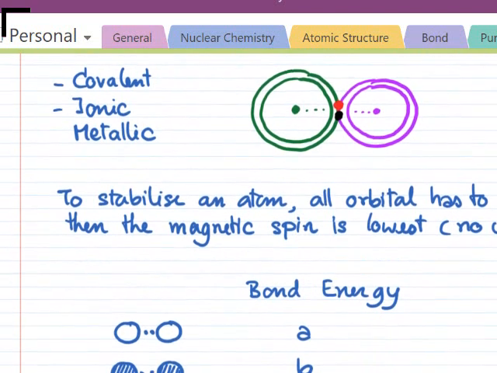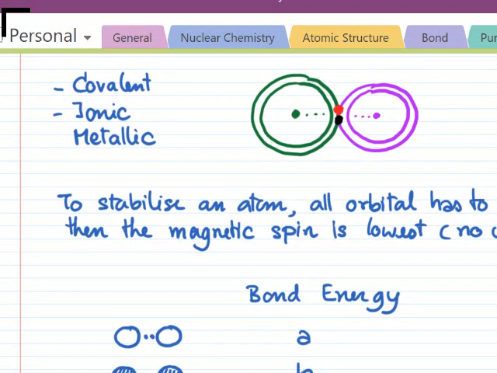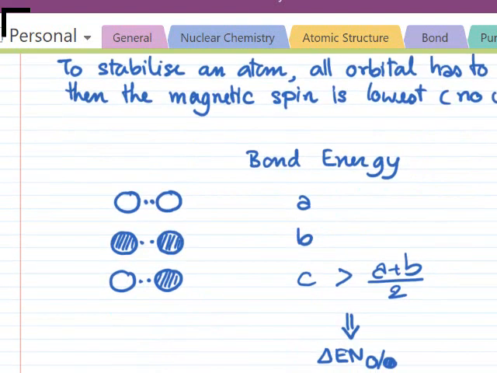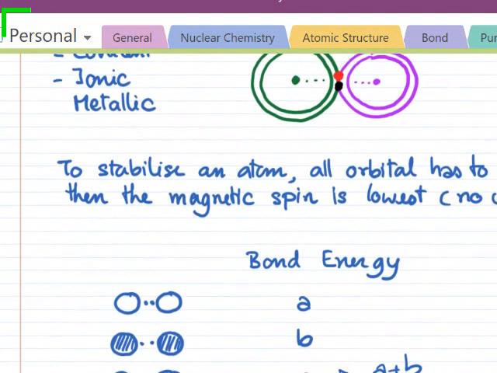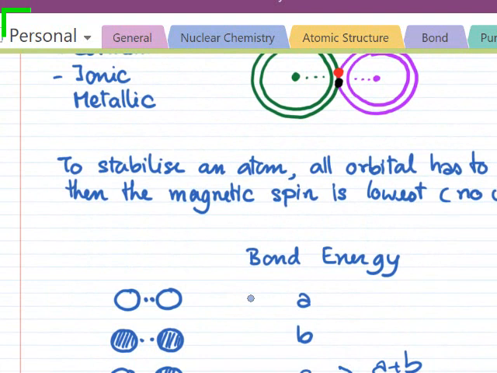From this kind of data, Pauling said that if we think about the energy that links two atoms together, it is not only because of the magnetic field of the electrons.